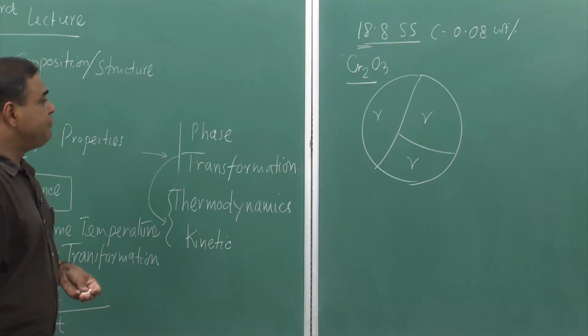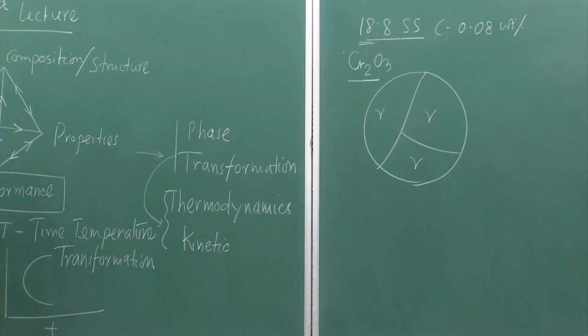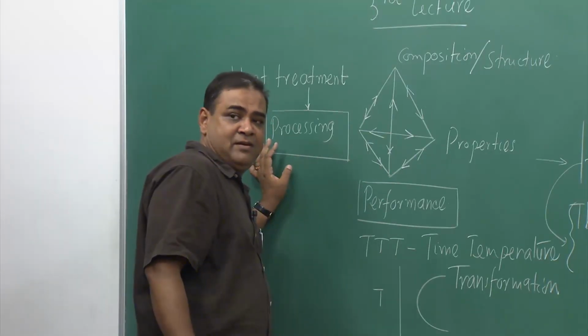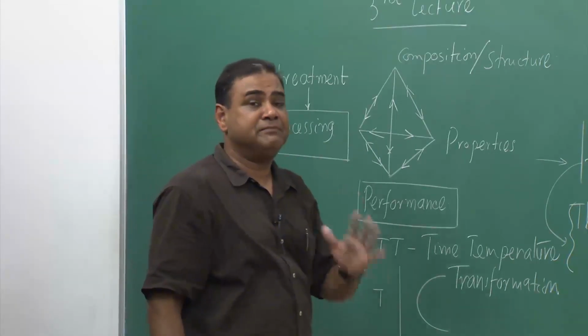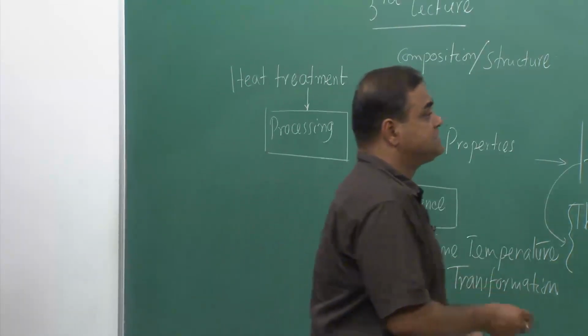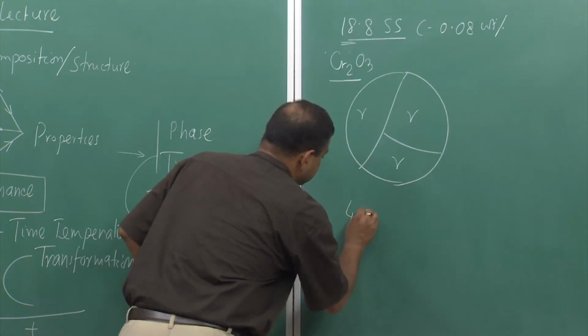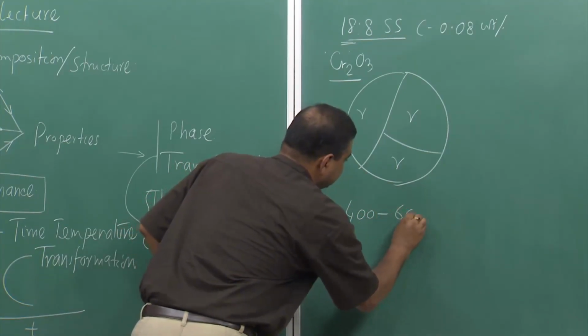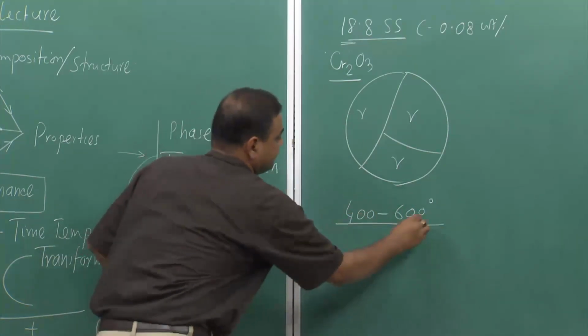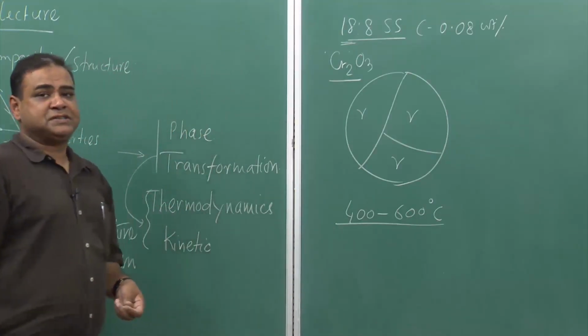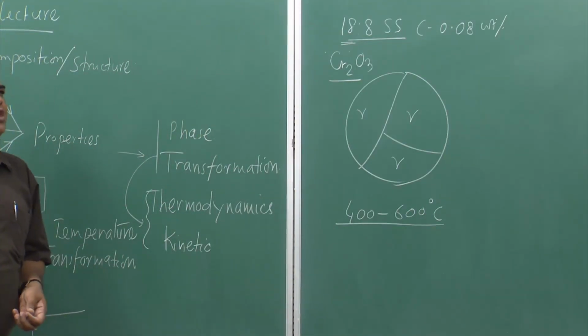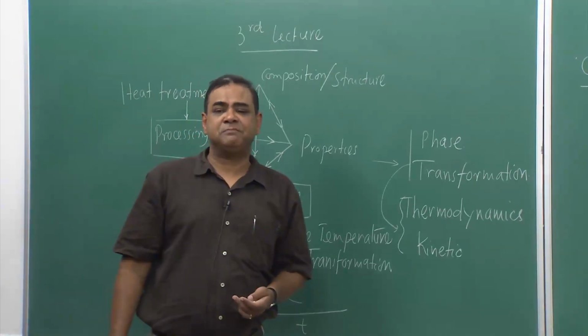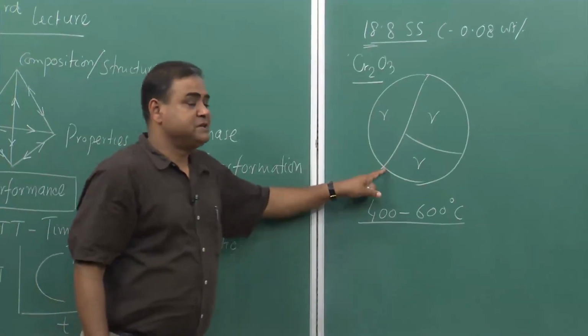Now, if we have a little change in the processing by mistake, let us say by mistake we heat this material in the temperature range of 400 to 600 degrees Celsius, which is not a very suitable temperature range for this material.